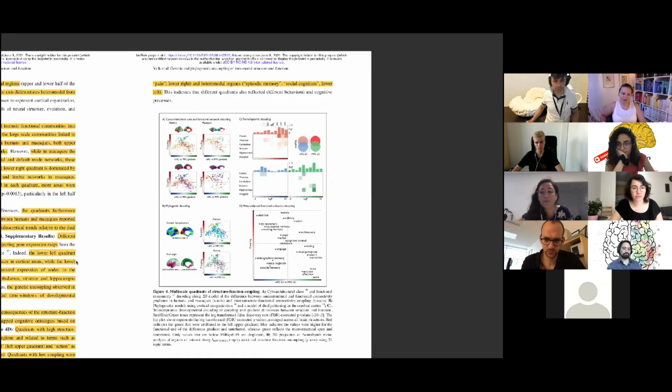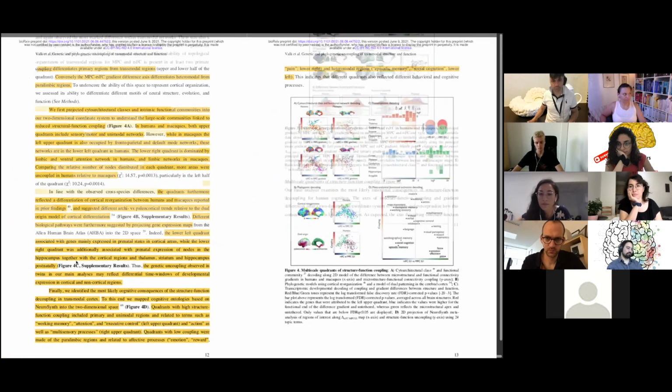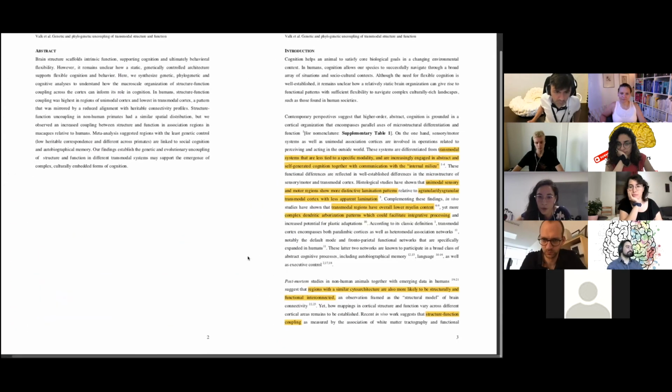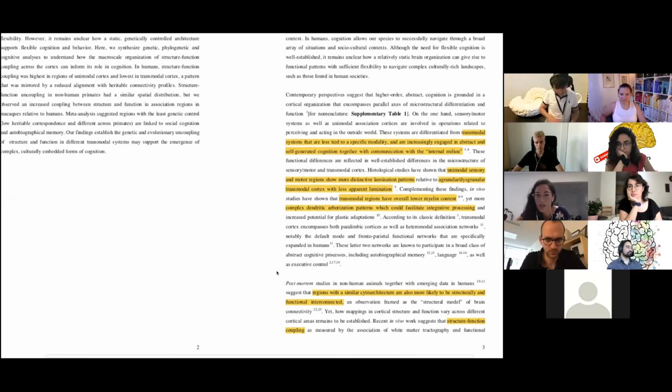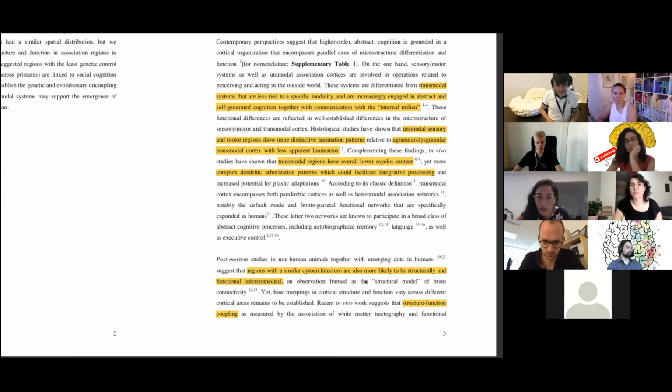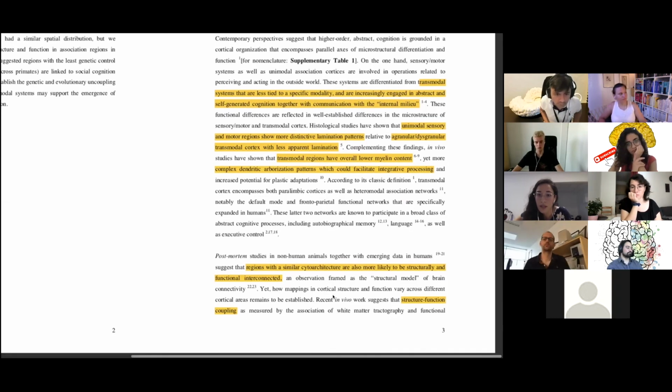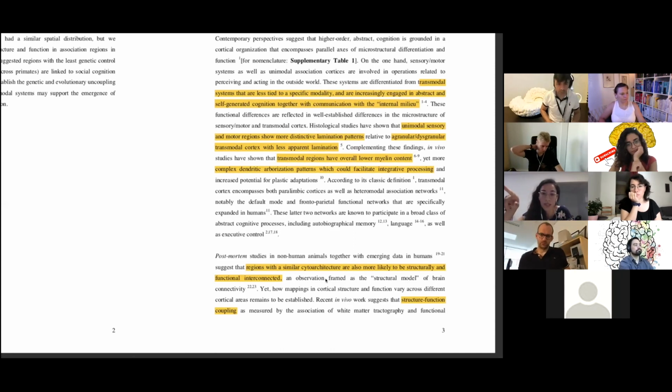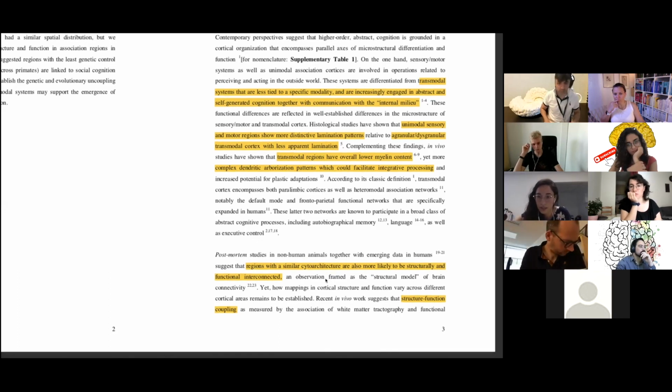Yeah, the authors discuss postmortem evidence straight away in the introduction, in both non-human and human species. Postmortem evidence shows that similar regions with similar cytoarchitecture are more likely to be structurally and functionally interconnected.